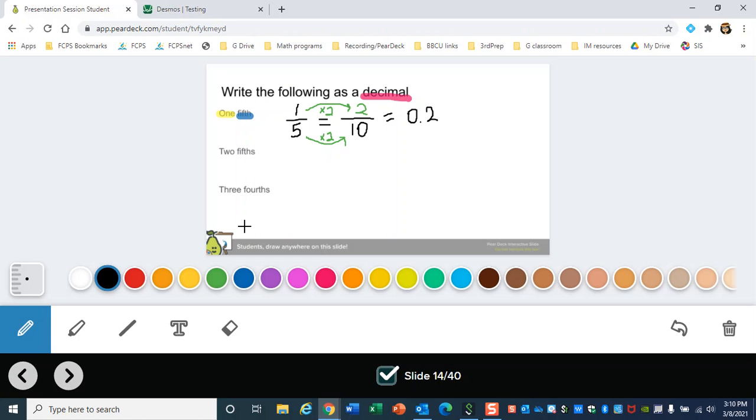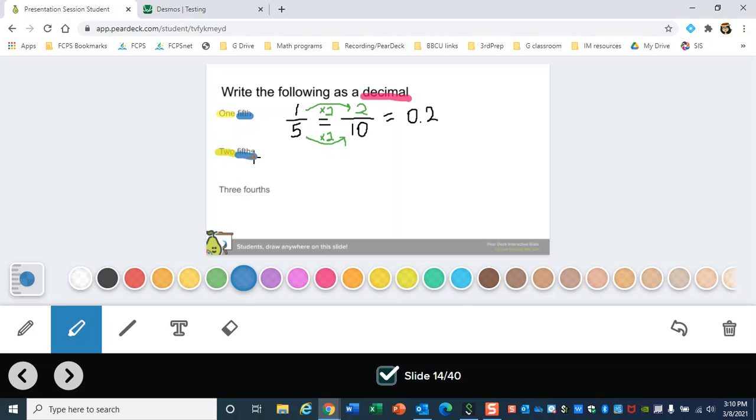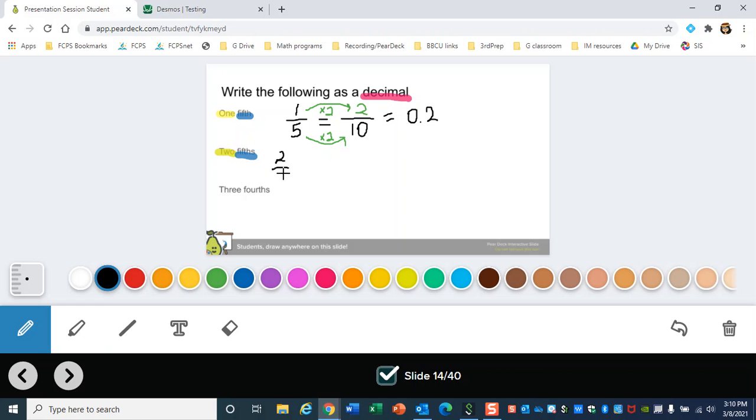Let's try the second example. So 2/5, again, you start with the numerator, 2, and 5th, your denominator. 5th is the ordinal number of 5, so this will be 2 over 5.